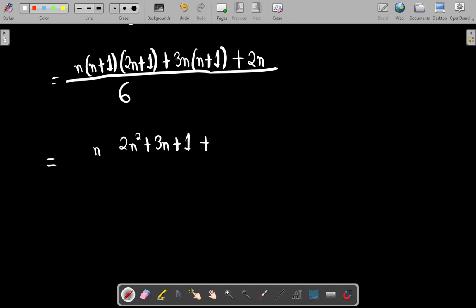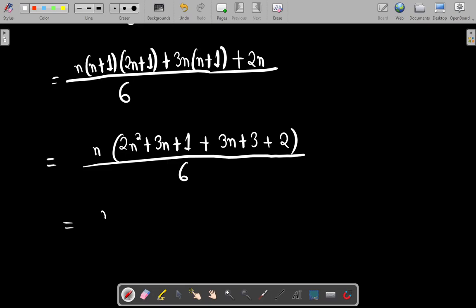Then 3 will be taken inside this bracket, so this will become 3n plus 3, and 2 is left out after taking n common. So this now becomes 2n square plus 3n plus 3n, which will become 6n, and 1 plus 3 plus 2 is 6, upon 6.